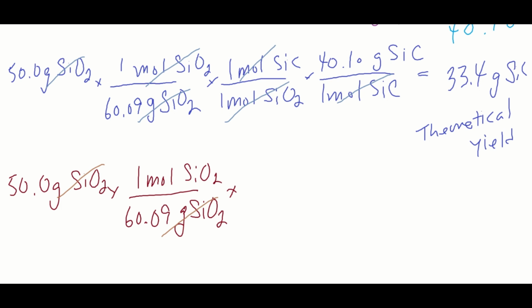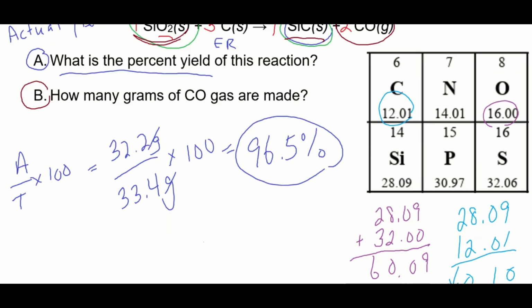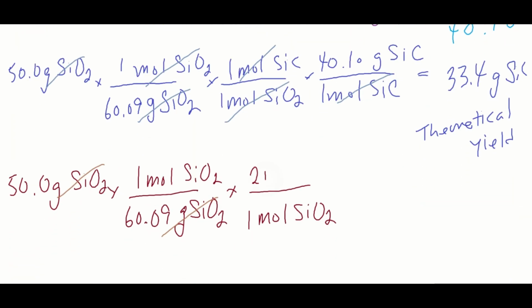But I prefer this because I already did all of this. I'm just copying from what I did earlier. Now the mole ratio is different because for carbon monoxide, we get 2 molecules or 2 moles for every 1 molecule or 1 mole of silicon dioxide. And let's just double check.